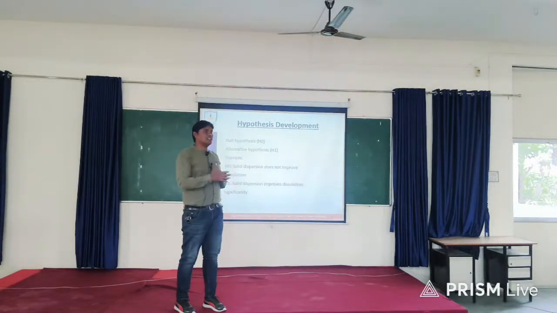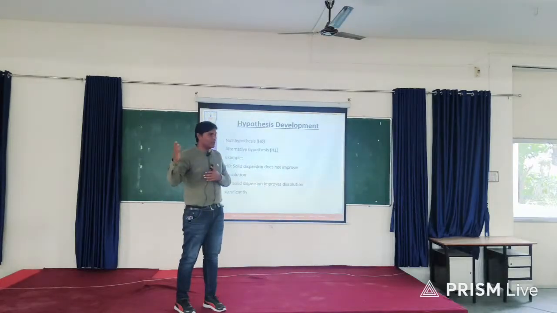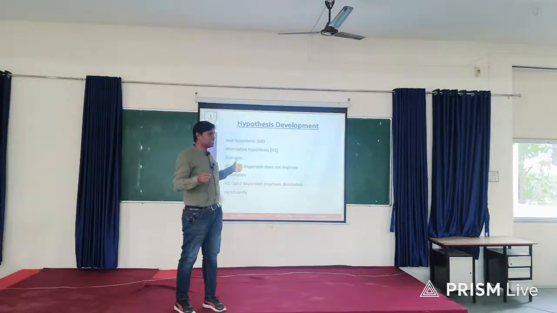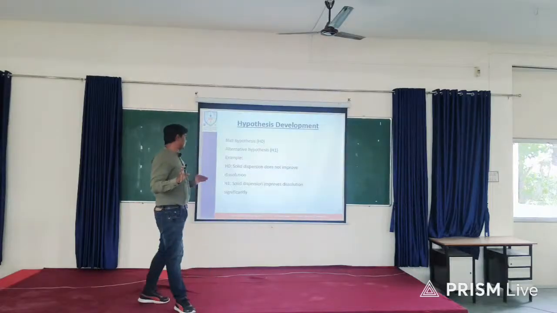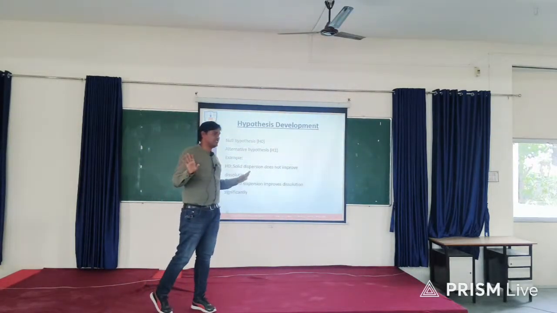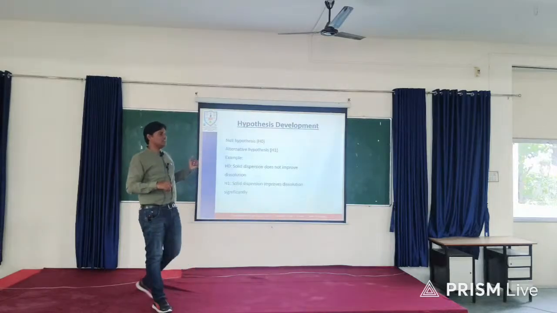Generally my positive statement was design, synthesize and characterize indole derivatives for some possible biological activity, or any anti-cancer activity, whatever it is. Then in the null hypothesis you should write in a negative sense: whatever derivatives you are synthesizing do not produce any biological activity. This is the null hypothesis. Then the alternate hypothesis is that whatever derivatives we synthesize do produce some biological activity. When your results are statistically significant, then you can reject the null hypothesis and accept the alternative hypothesis.